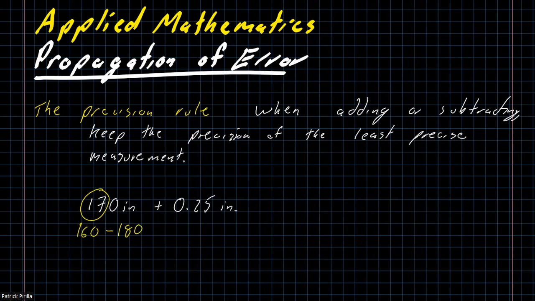So I am saying that this measurement is somewhere between 160 and 180. Essentially, I've measured to the nearest foot, and I've reported the result in inches anyway. If I could be off by as much as 10 inches, adding a quarter of an inch to the measurement doesn't do anything at all. So 170 inches plus 0.25 inches is still, to within the tolerance that we measured it, 170 inches.